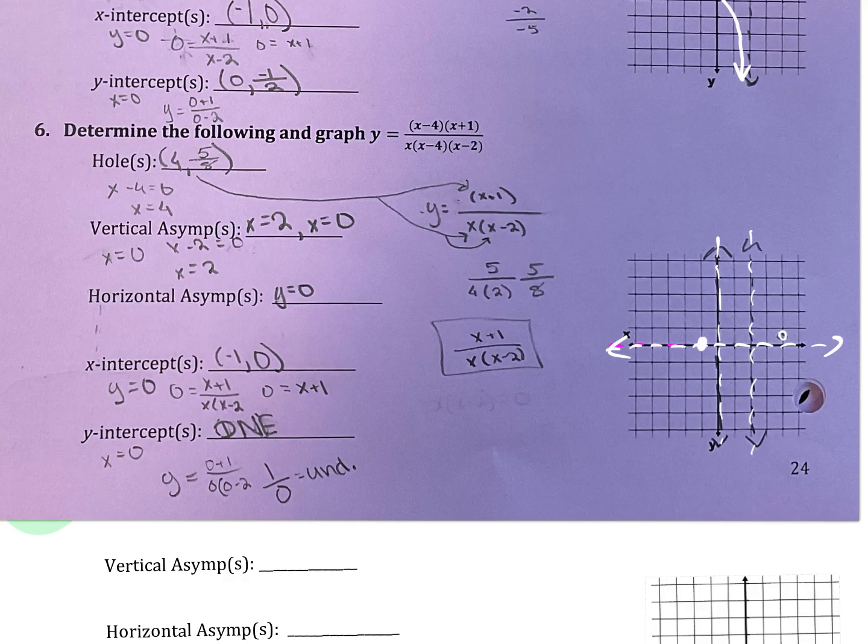So when I look at the graph of it, we had drawn in an x-intercept of -1, 0. We've got these vertical asymptotes, and I've got a hole. And Mara also said that we have no y-intercept. And if you ask me, this graph is not intersecting that y-axis, so I dig it.